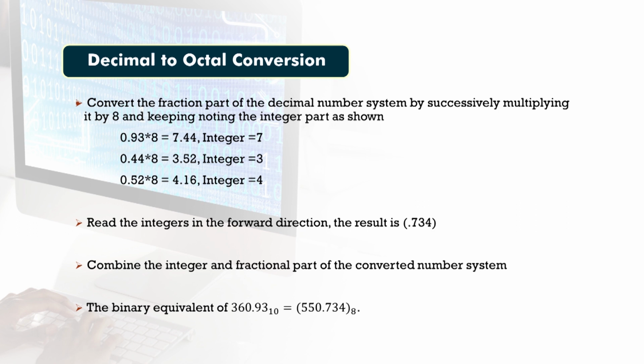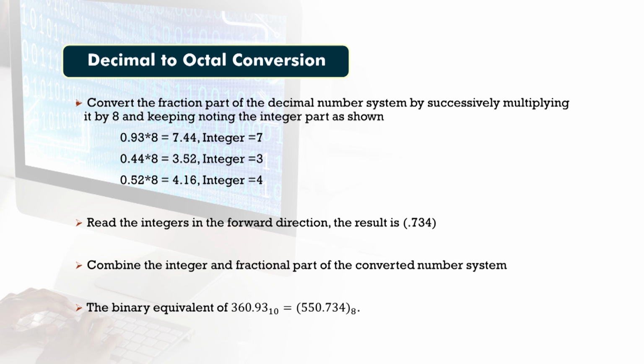Then the fractional part again we multiply, that is 0.44 into 8. We get 3.52. We keep the integer as 3, and again we multiply the fractional part, we get 4.16. We keep the integer as 4. Now we read the integers in the forward direction, the result is 0.734.